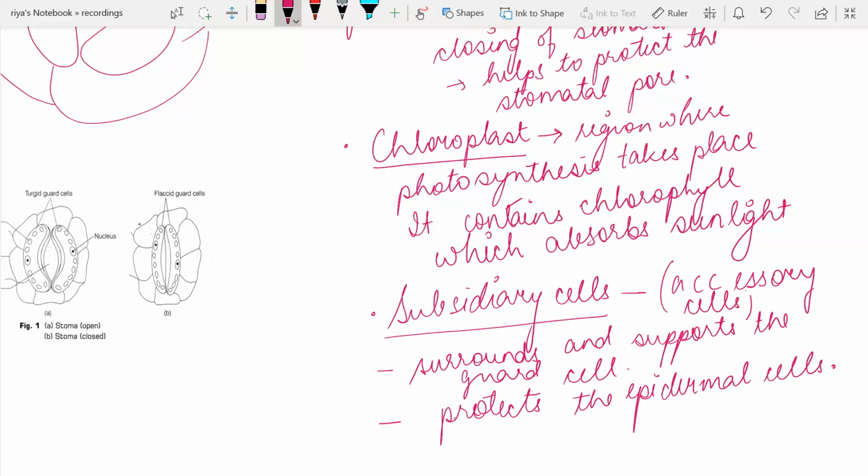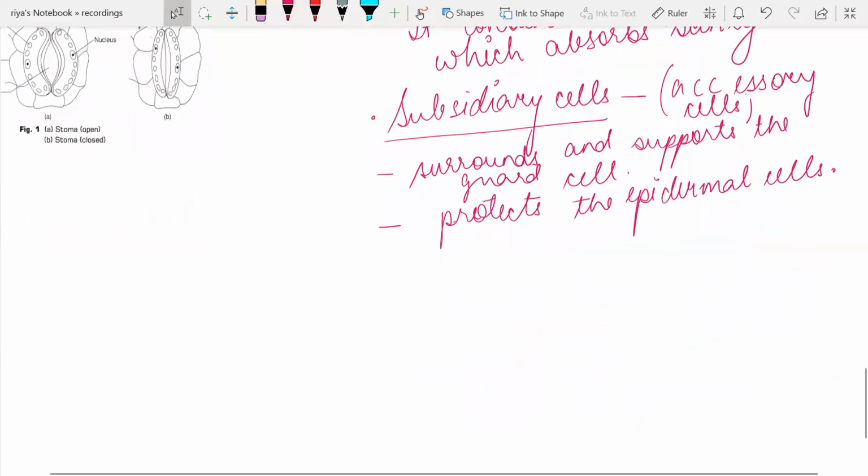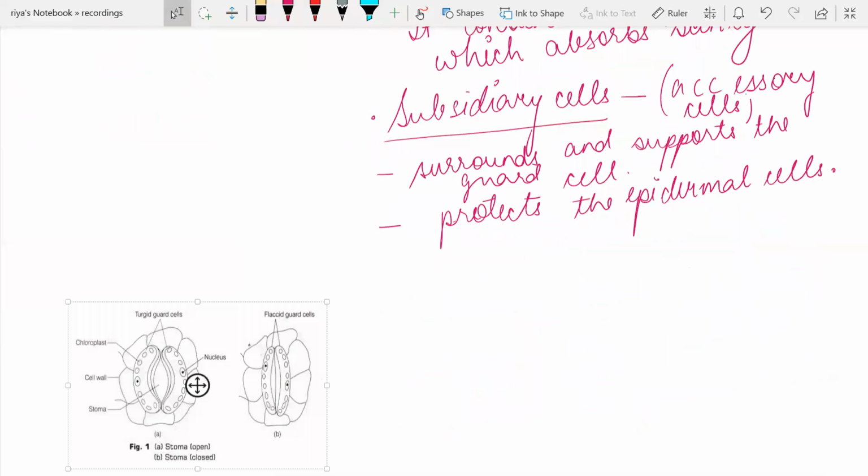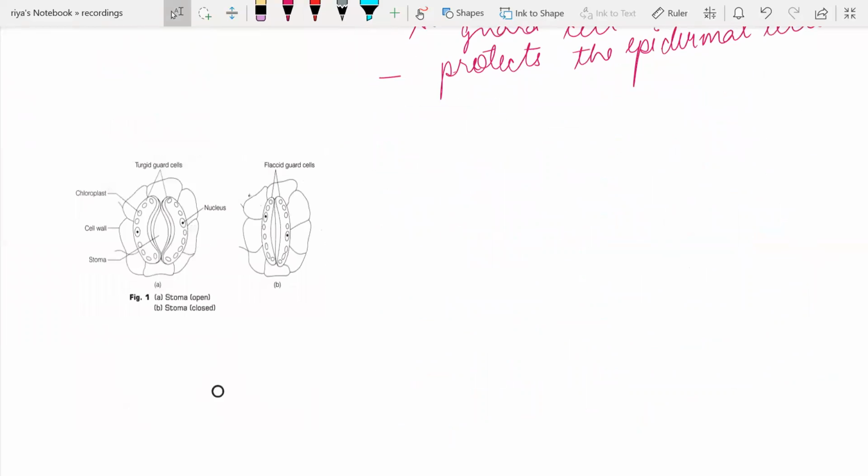Next, look at the opening and closing of stomata, where the guard cell plays the major role. When we see the opening and closing of stomata, actually stomata opens and closes as a result of the diffusion process, which you have done in Class 9. That diffusion process occurring in plants or cells is called osmosis. So here the water enters and exits from the cell by the process of osmosis.